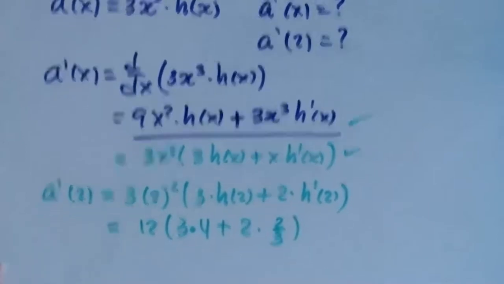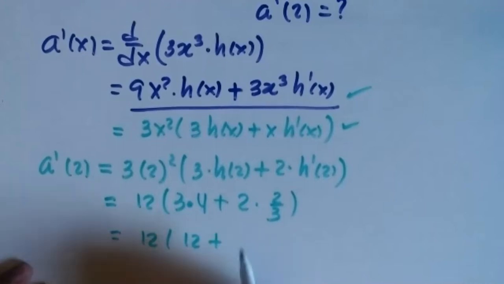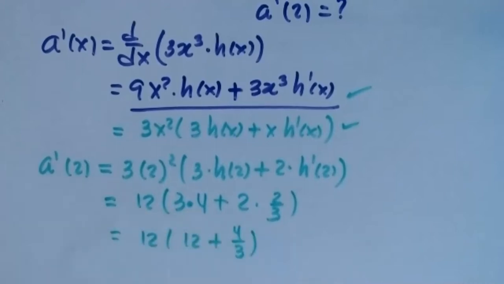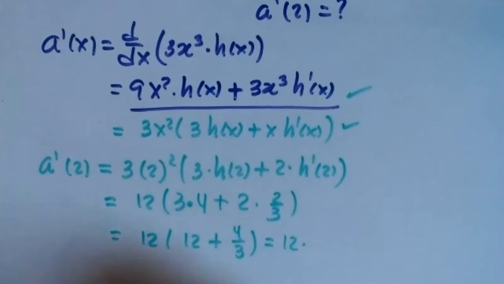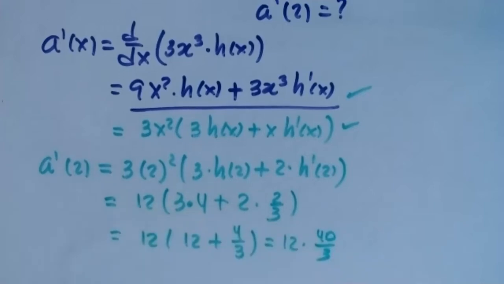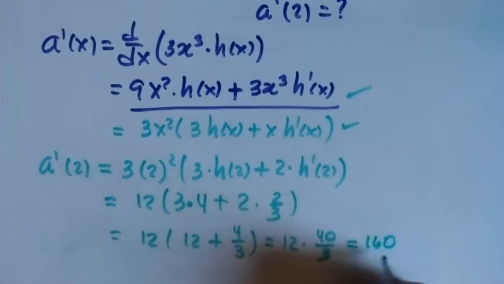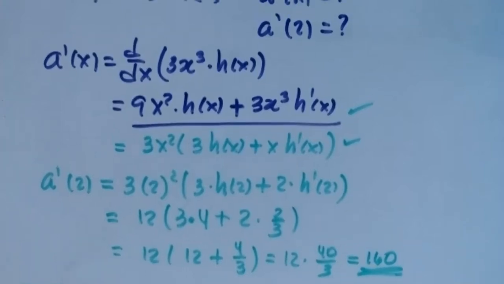Now I have to do my numbers. So this is 12 times 12 plus 4/3, correct? Okay, no calculator, this is 36, 40/3, and then I get what? 12 and 3 is 4, 160, correct? Everybody catch the idea?